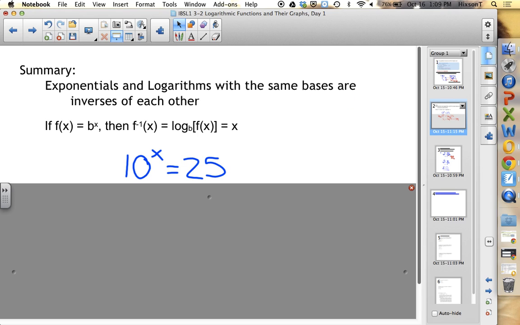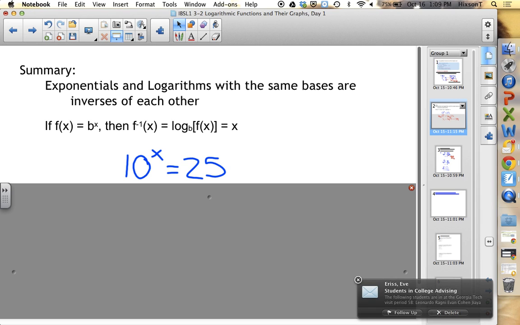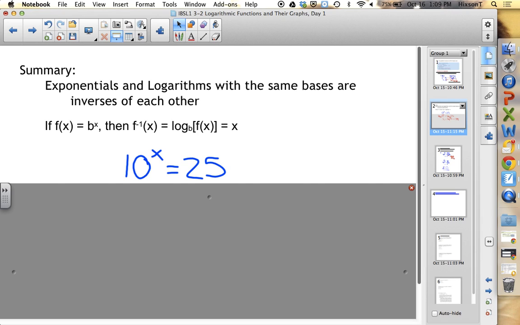Now, let's just look at this. We have 10 to the x equals 25. So how would we undo an exponential 10 to the x? We take the log base what? Log base 10.